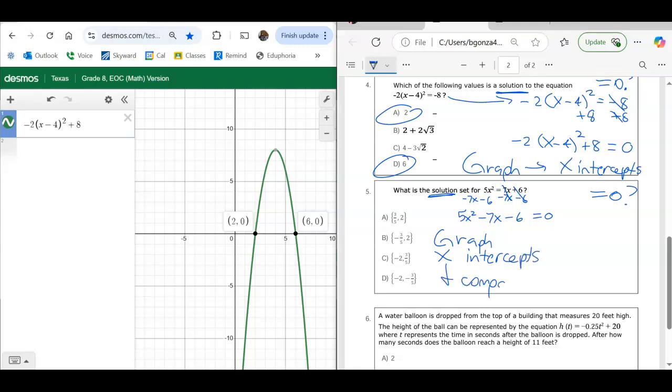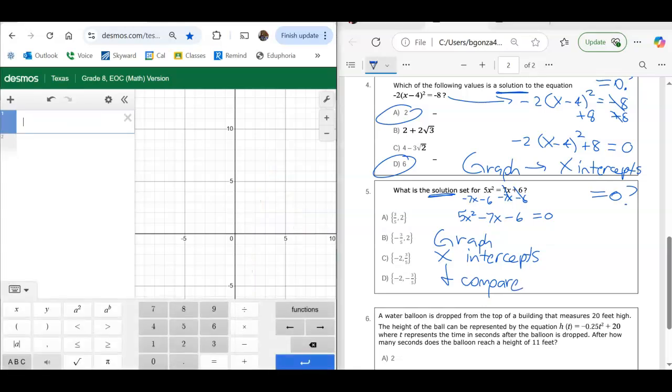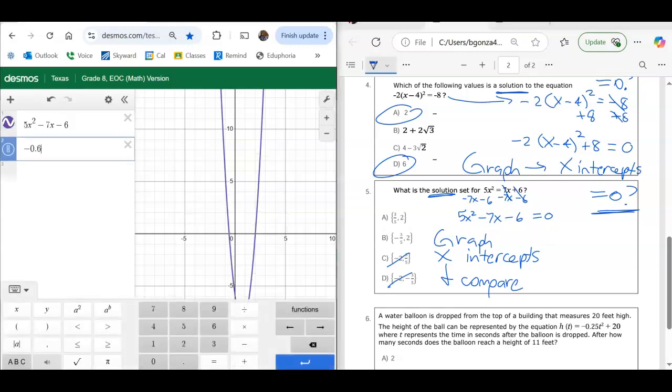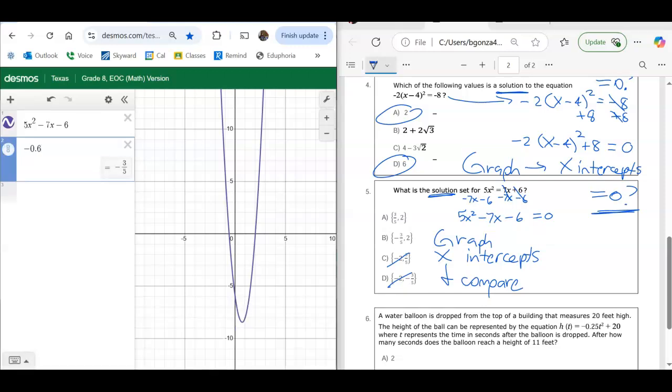And compare with the answer choices. Gotta get it equal 0 first. Okay, so now negative 0.6 and positive 2. So real quick, it has to have positive 2. So already I can tell you these negative 2's aren't going to work. And what's negative 0.6 going to equal? Well, I click this little fraction button, negative 3 over 5. So negative 3 over 5 here, positive 2 here. The answer got to be D. Cool.